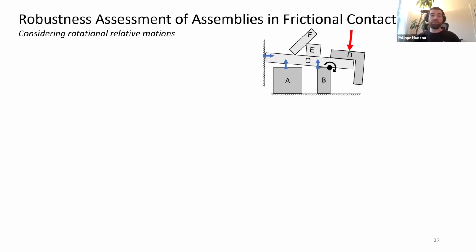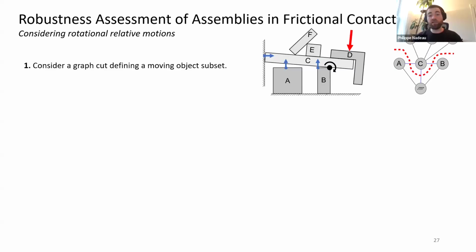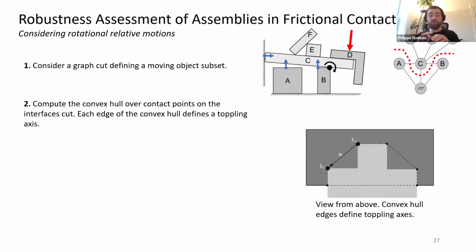Similarly, toppling can be modeled as a cut in the graph, minimizing the cumulative robustness of the interfaces cut. In this case, we start by considering some cut in the graph. Then we compute the convex hull over the contact points on the interfaces cut.